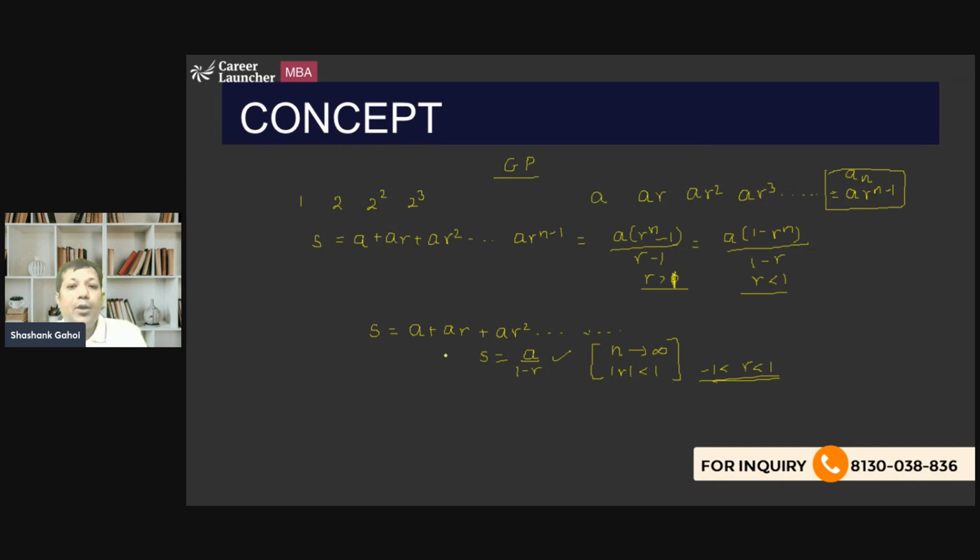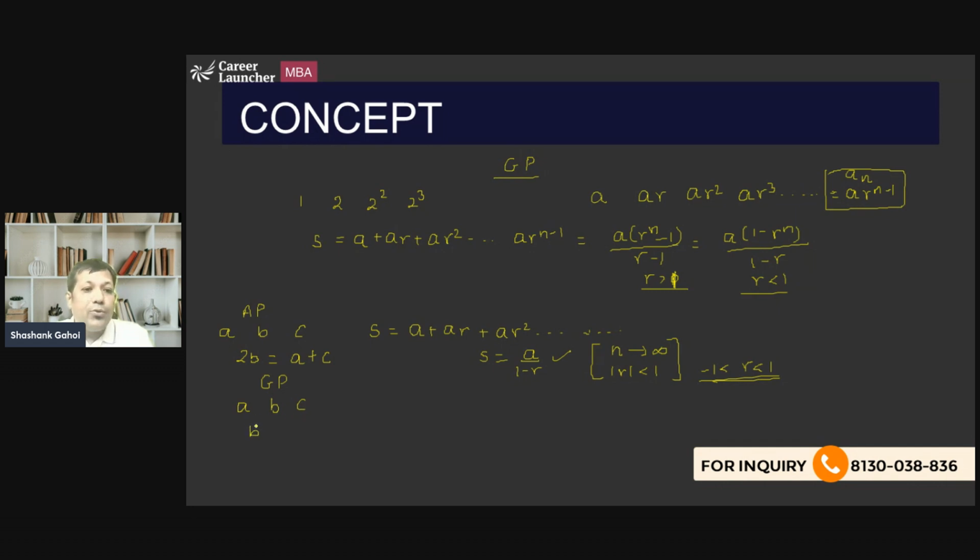Okay. Now, we are talking about AP. Let's say there are three terms A, B, C, and the three terms are in AP. What is the relation between the three terms? It is said that 2B is equal to A plus C. Now, if I'm talking about GP, so if I say that A, B, C are in GP, what is the relation between the three numbers?